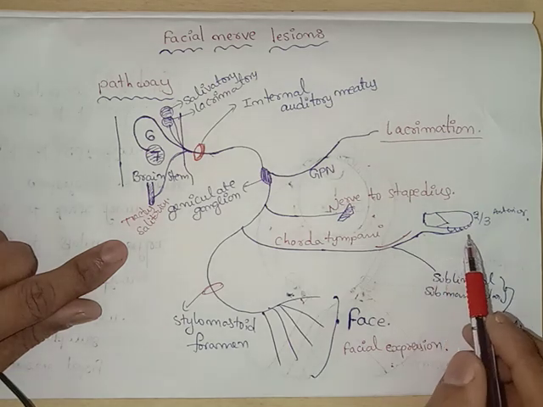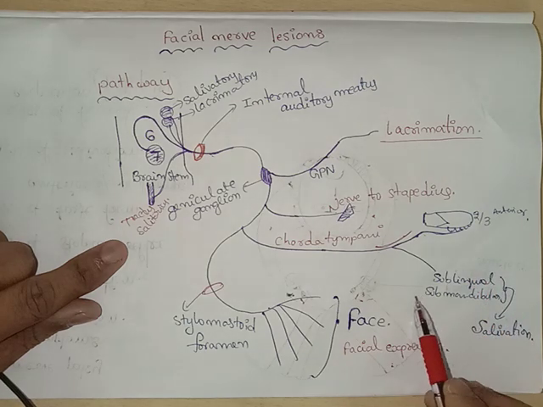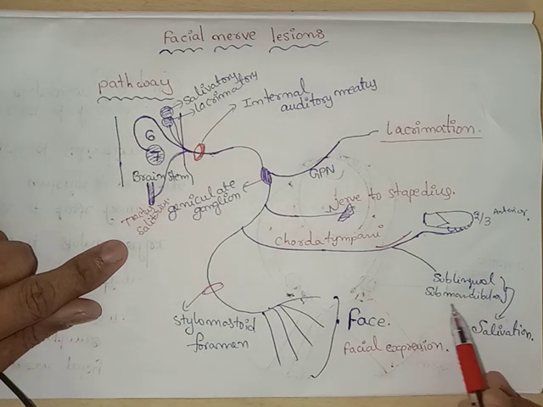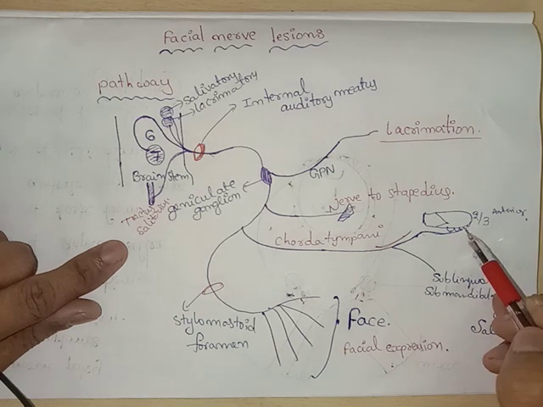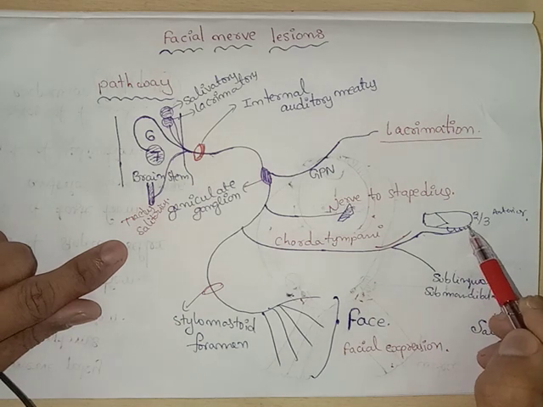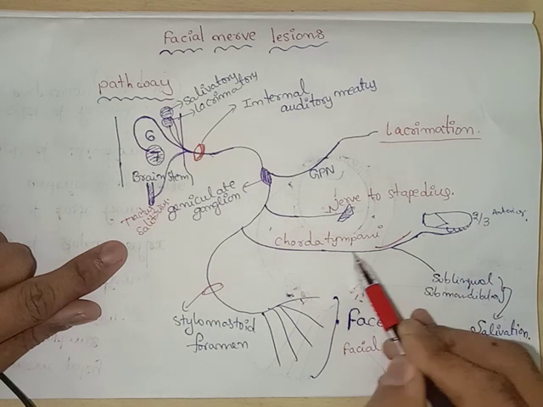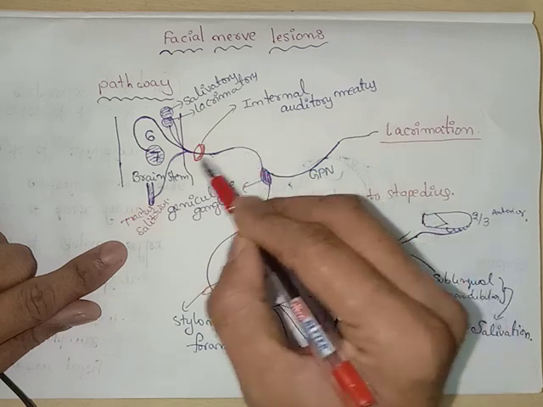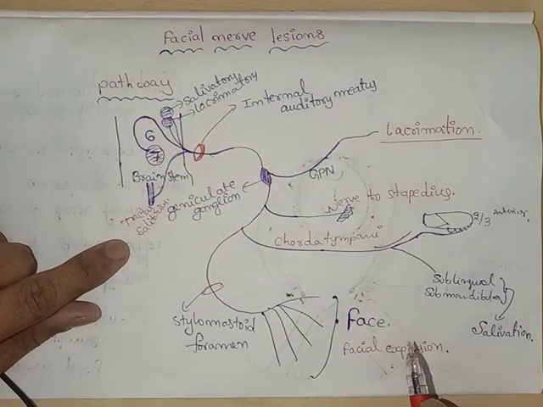It supplies the anterior two-thirds of the tongue, and it supplies the sublingual and submandibular glands. From the anterior two-thirds of the tongue it takes the taste sensations to the tractus solitarius, where the taste is assessed.